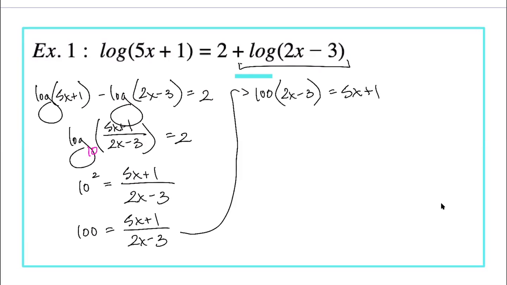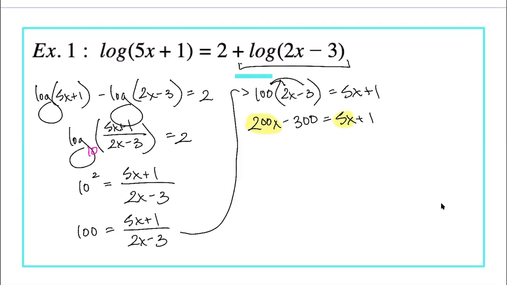All right, good. Now from here, I bet if we distribute, that might be helpful, yeah? So we'll get 200x minus 300 equals 5x plus 1. Okay. And even though this has more numbers and less logs, it's kind of similar to our exponential equation where we're gathering the same term on both sides, right?